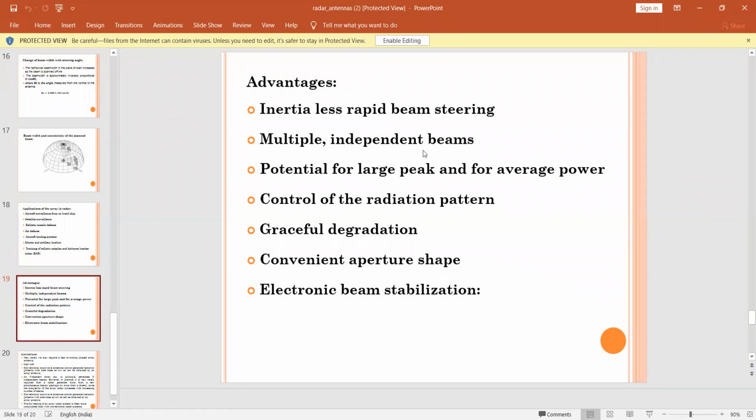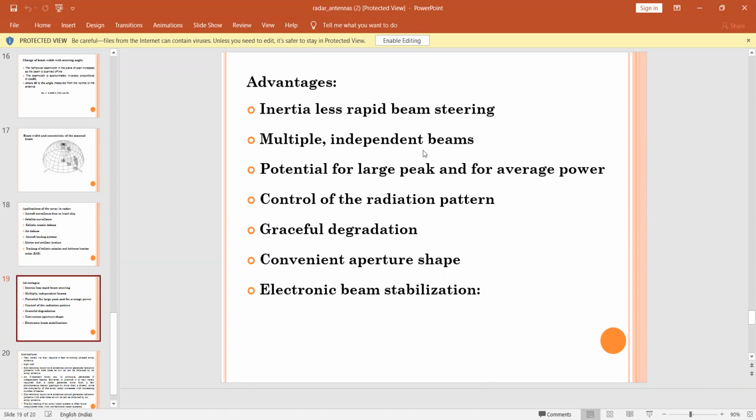The next point is potential for large peak and average power. If necessary, each element of the array can be fed by a separate high power transmitter, with combining of the outputs made in space to obtain total power greater than that obtained from a single transmitter.